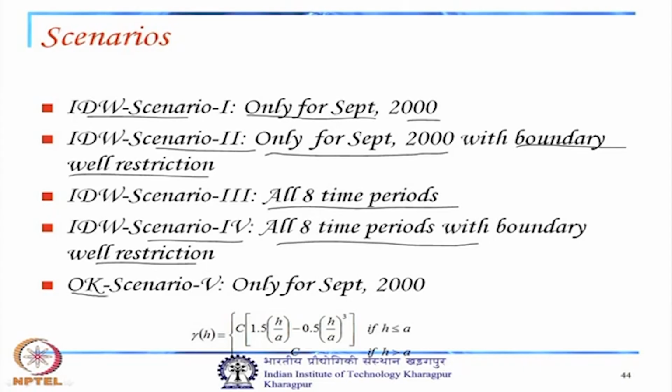Ordinary kriging scenario 5 was used only for September data.